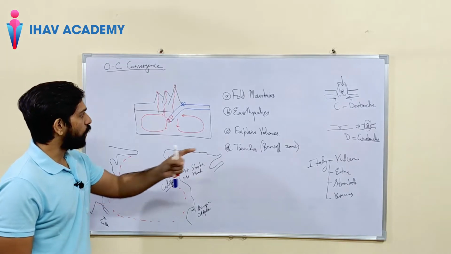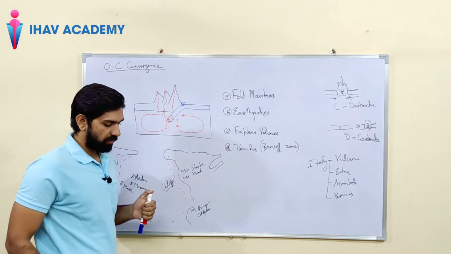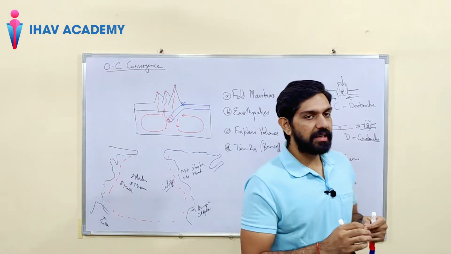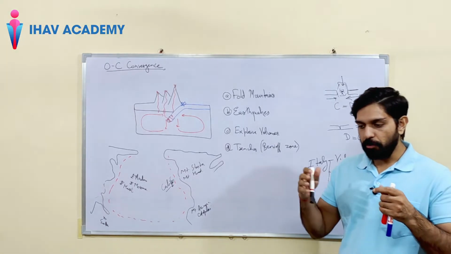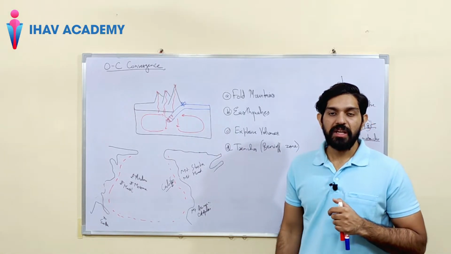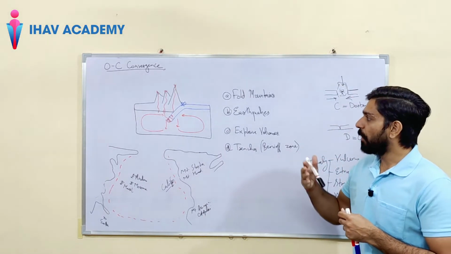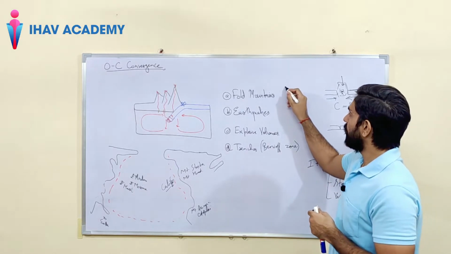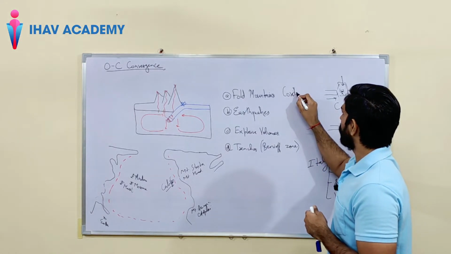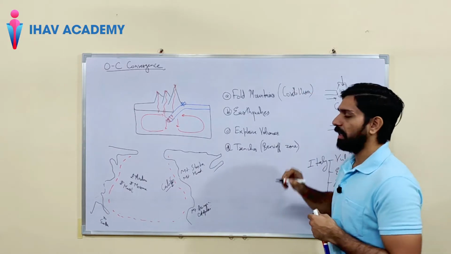Now I have told you fold mountains. Now as you can see in diagram that this collision is such severe in its intensity that number of folds will be generated when this collision will take place. So the parallel fold of mountains is known as cordillera. Cordilleras.